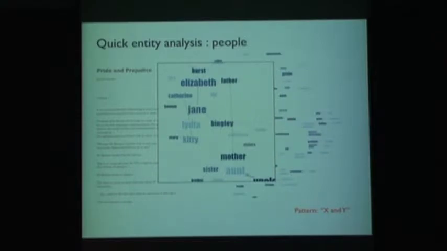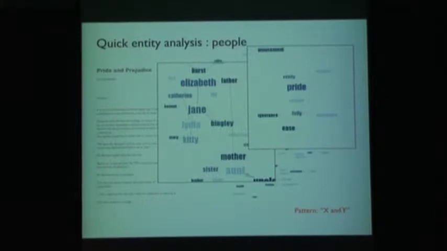So Elizabeth and Jane, Catherine and Jane, Bingley and Jane, and so forth. But I also have very different clusters that also fit this pattern. For instance, the cluster of vanity and pride, conceit and pride, folly and conceit, ignorance and folly, right? So you get the sense of the concepts that are sort of clustering around pride.